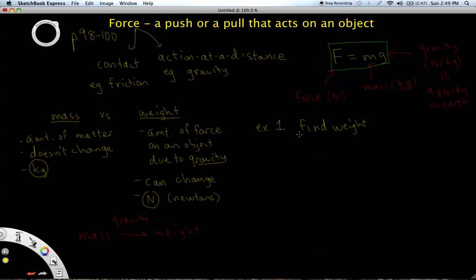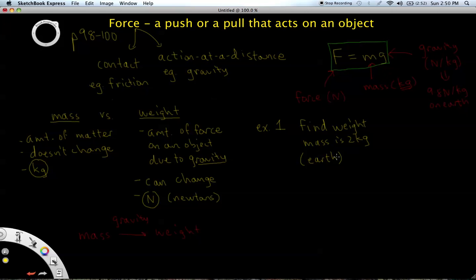What do we know? We know the mass is 2 kilograms. We also know that it's going to be on Earth. I can word this in a number of ways. I could say, what is the weight of an object that has a mass of 2 kilograms on Earth?